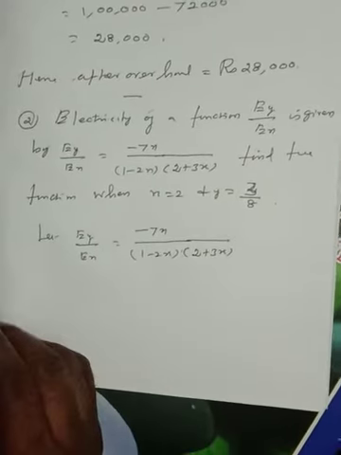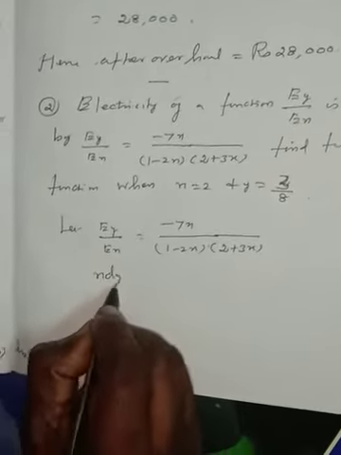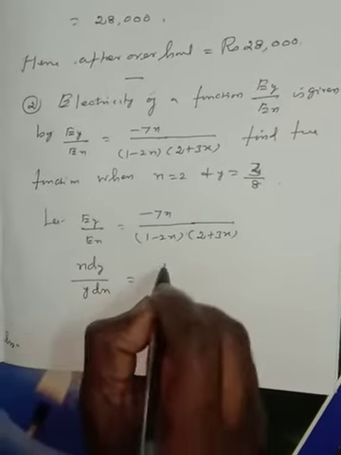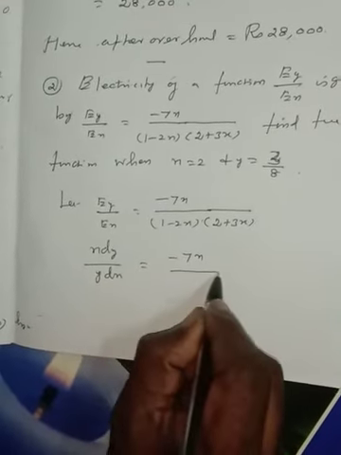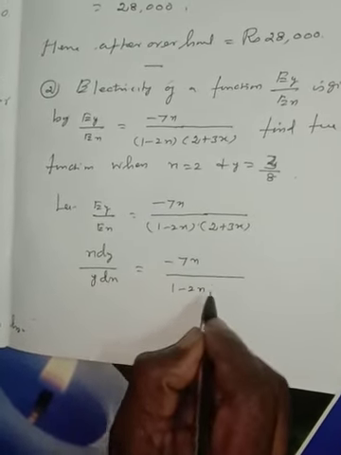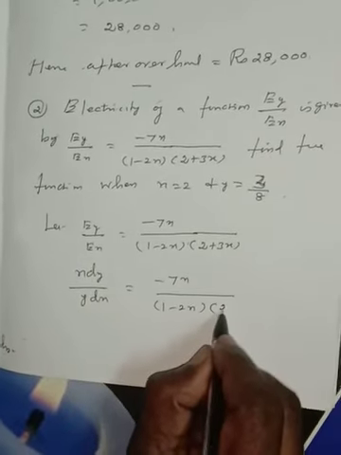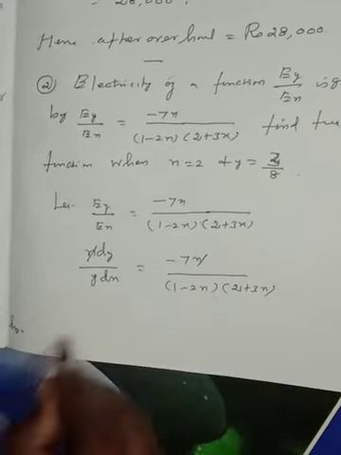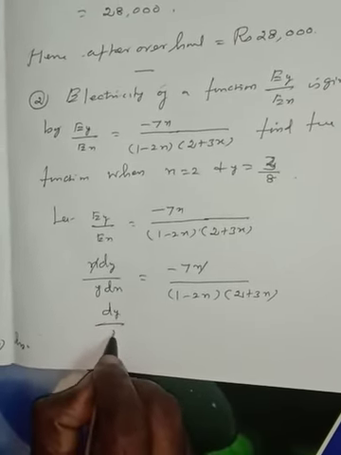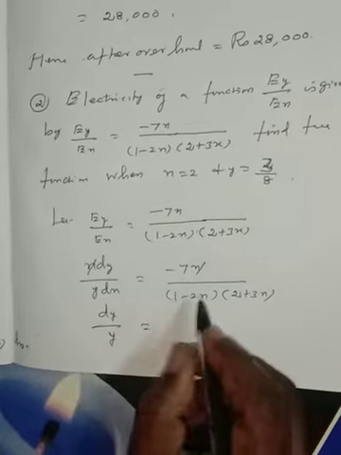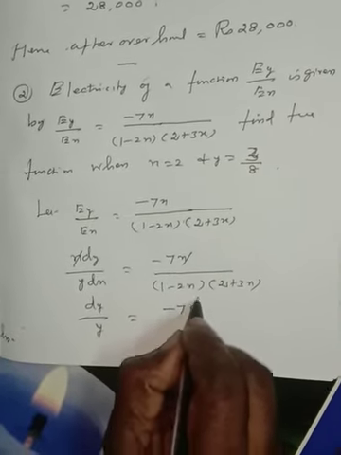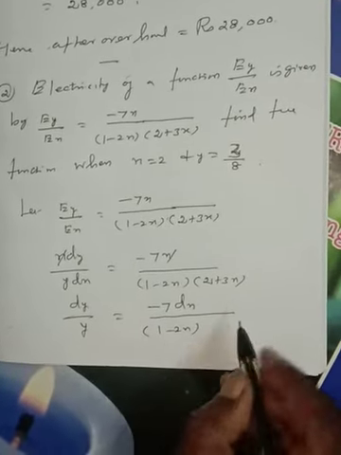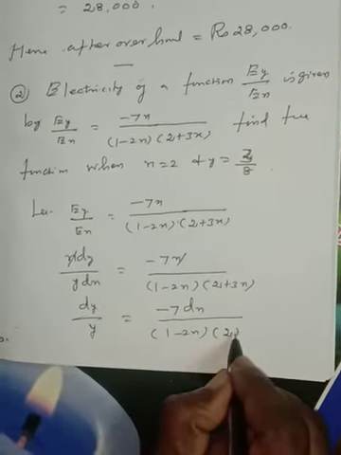Ey by Ex means x dy divided by y dx is equal to minus 7x divided by (1 minus 2x) into (2 plus 3x). x cancels. dy divided by y is equal to, cross multiplying dx, minus 7 dx divided by (1 minus 2x) into (2 plus 3x).